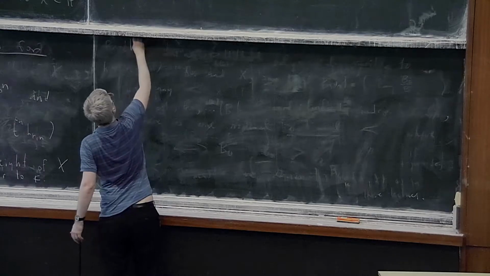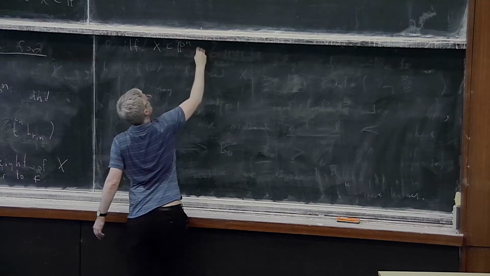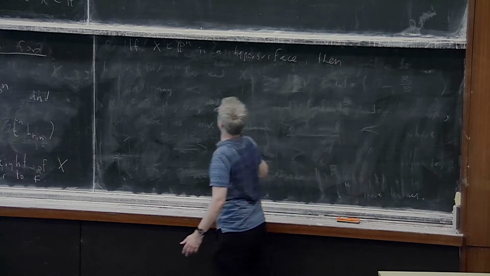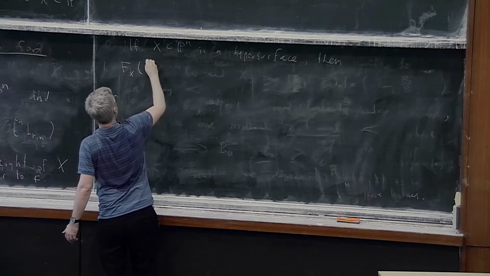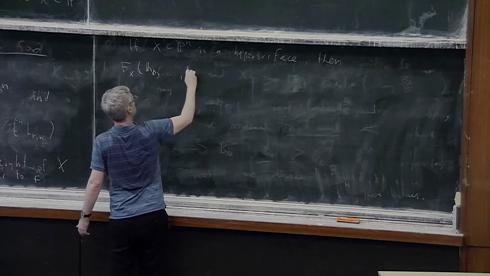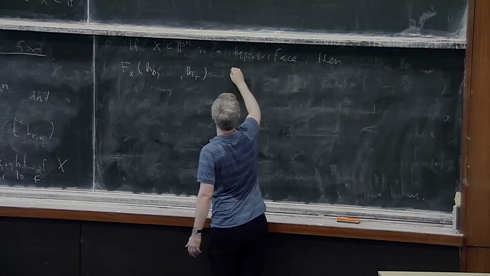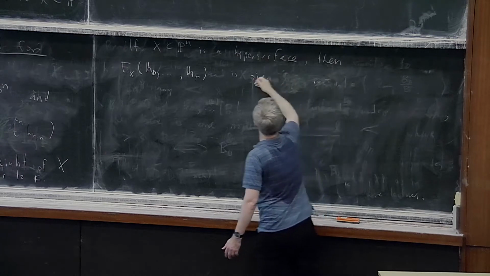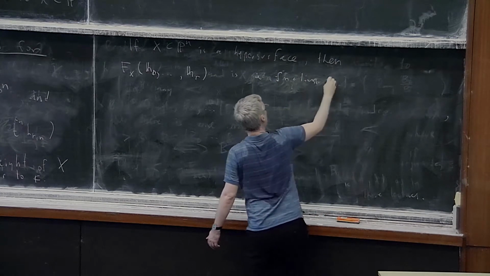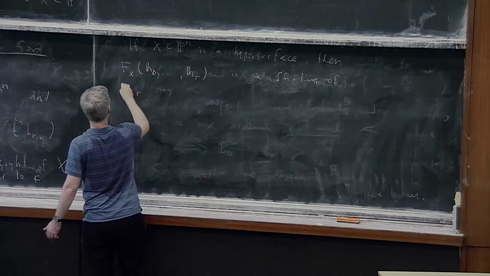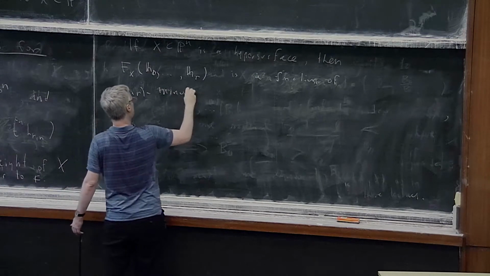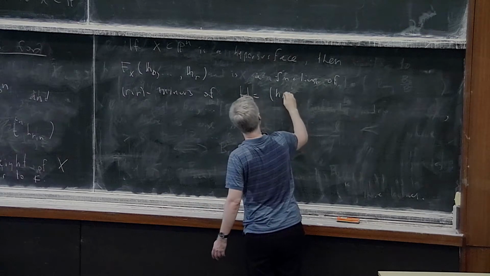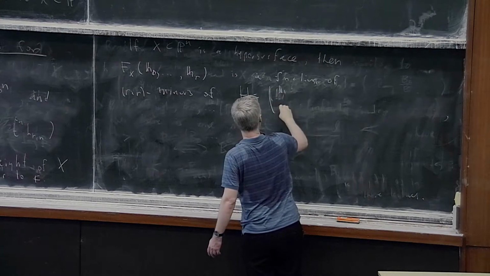And it turns out that this polynomial is given by determinants. So in particular, if x in Pn is a hypersurface, then as always, this polynomial f of x, which is given by h0 up to hr, you parameterize like that, is a function of r cross r determinants, r cross r minors of this matrix, say h1 up to hr.